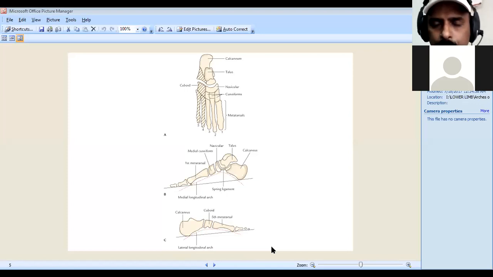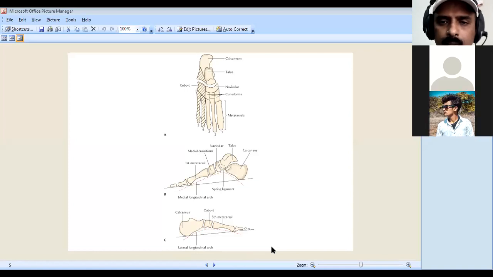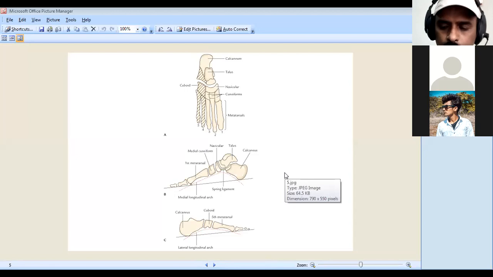They also prevent pressure on the main structures in the sole and prevent compression of the nerves, so that you have to tell. So this is all about the arches you have to know.